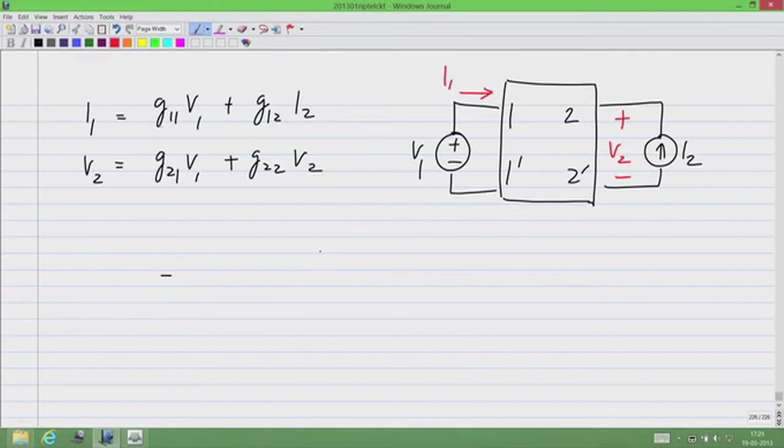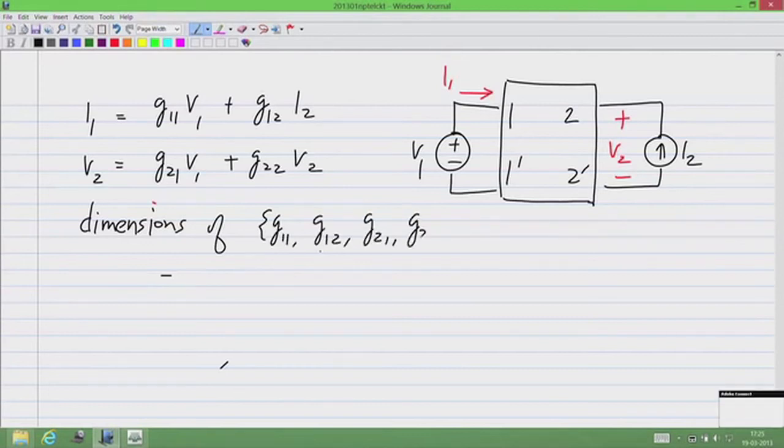So very quickly, please give me the dimensions of G11, G12, G21 and G22. What are the dimensions of G11? Clearly, G11 multiplies a voltage to give a current, so it has dimensions of conductance or units of Siemens.